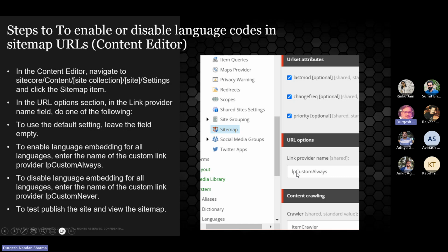And if I go with IP custom never, then it will never add the language. Then I save this setting and regenerate the sitemap. Whatever link provider or setting we have chosen, the next sitemap generation will take care of it.